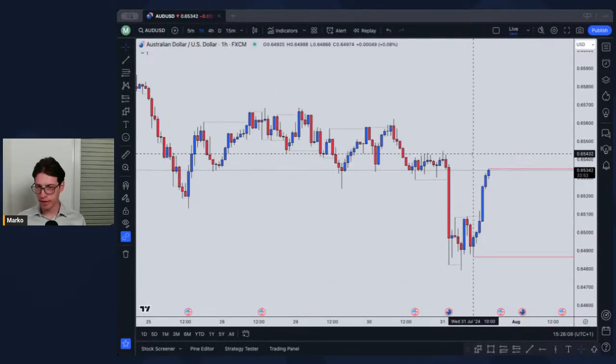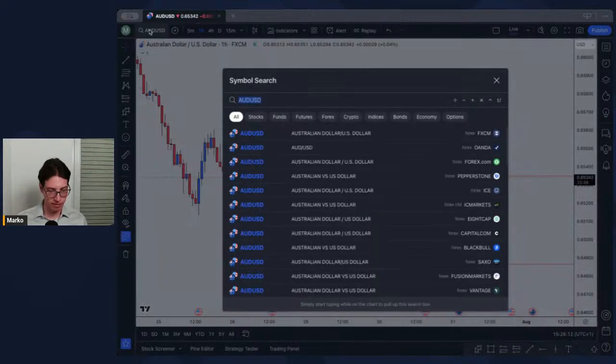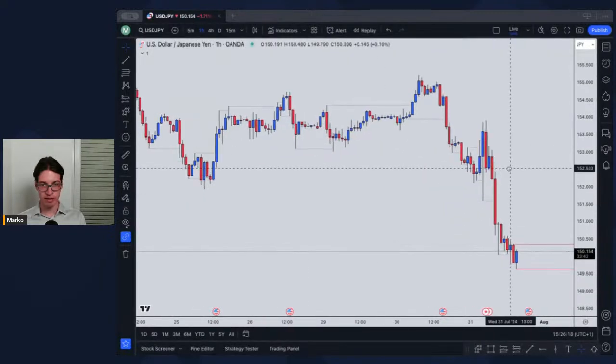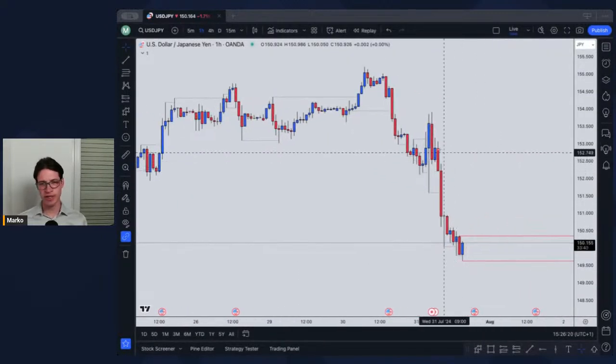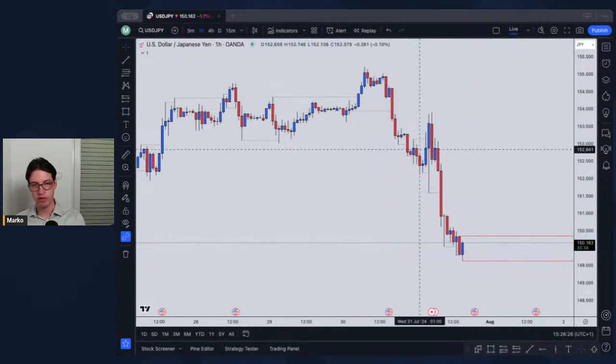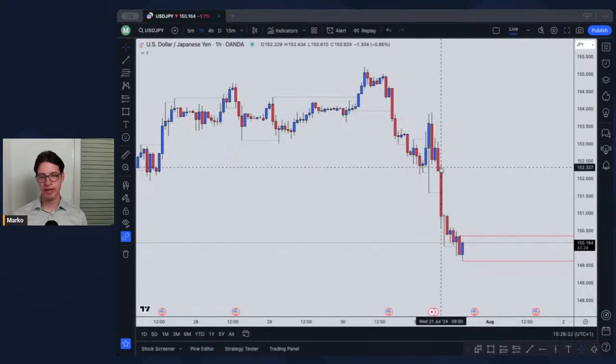Okay, and let's take a quick look at USD JPY. So USD JPY on Oanda, 1 hour is corrective, I would say. It is moving down. I am seeing some bearish momentum. But to be honest, I'm focusing on how we are breaking the lows, and it looks pretty corrective. We are breaking and leaving wicks.